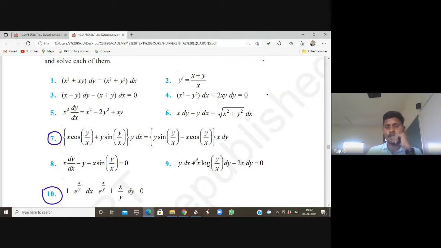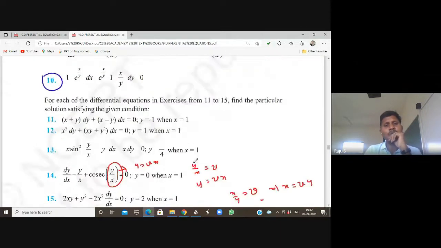Now, I'm going to do a particular solution problem. Like variable separable, whatever we did in homogeneous is also the same till the general solution. After finding the general solution, when you substitute the x and y values, you'll get the c value.